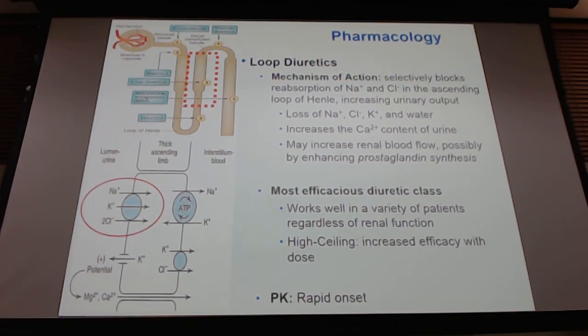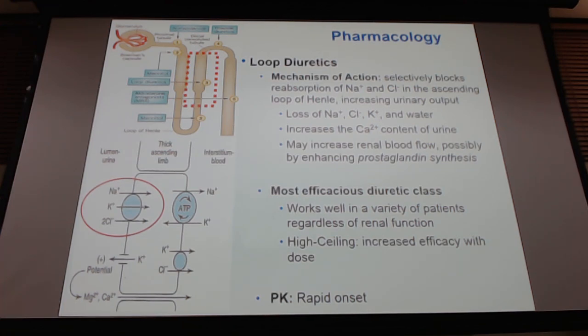Now we have a loop diuretic, so it'll selectively block reabsorption of sodium and chloride in the ascending loop of Henle, as well as potassium. We can see in the diagram that it will affect that sodium, potassium, and chloride pump. And in doing so, it will also increase the calcium content in the urine.